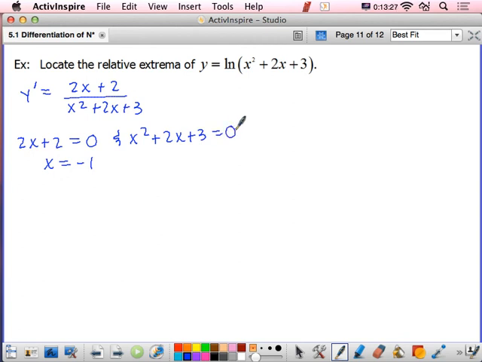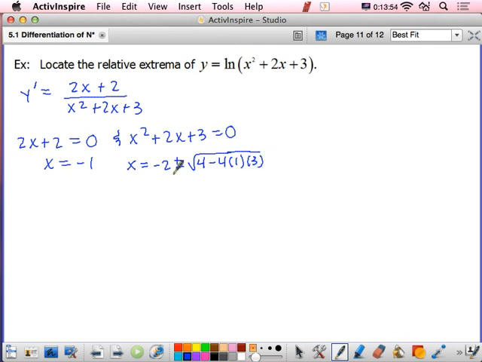Does that factor? Doesn't factor. Nothing multiplies to 3 but adds to 2, right? So how do we solve a quadratic equation that doesn't factor? Quadratic formula. So we'll try the quadratic formula. x equals opposite b plus or minus square root of b squared minus 4ac all over 2a.